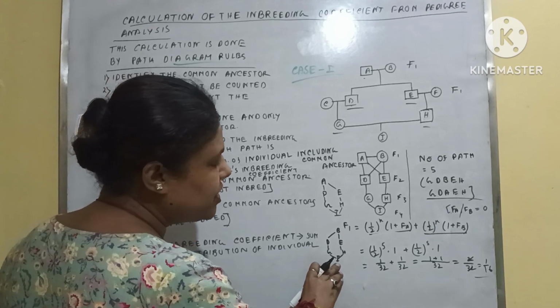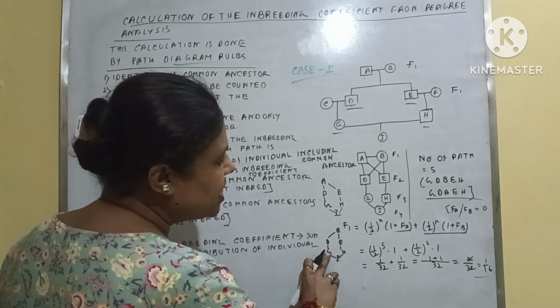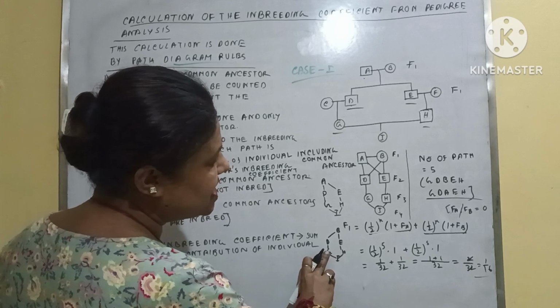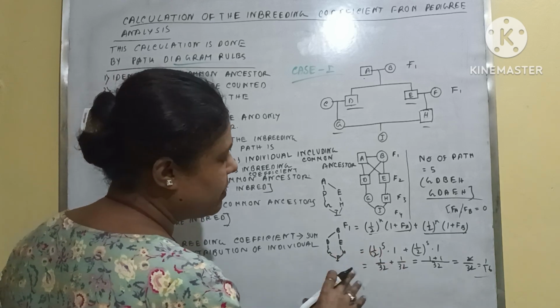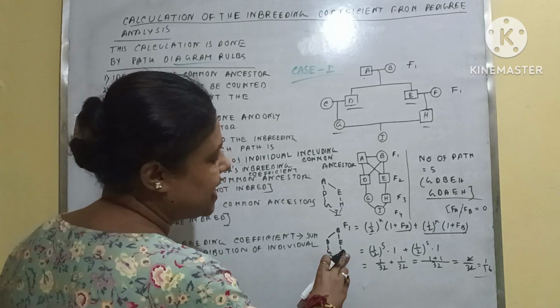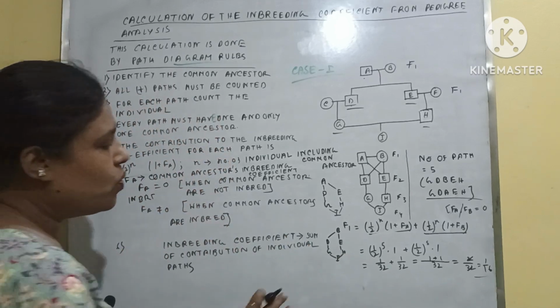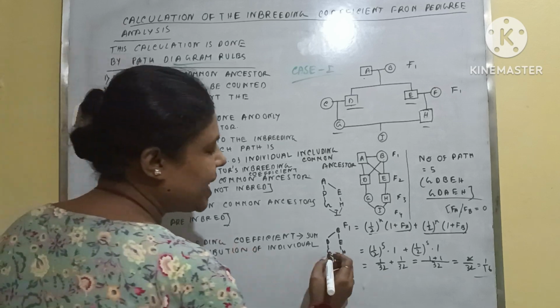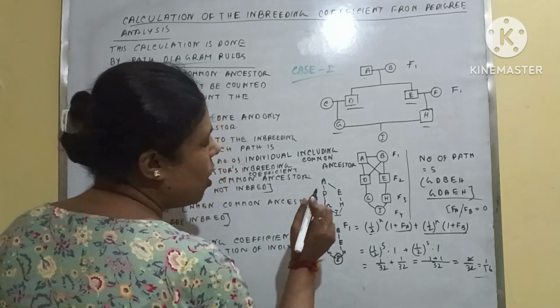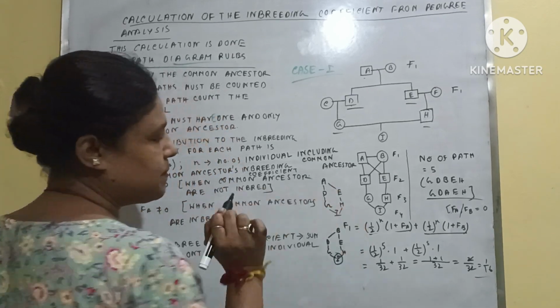Because if we take I, it is included with G and H both. G and H are common here, and I is common for G and H. So one common individual is that I. We have to take either in such way or in such way.